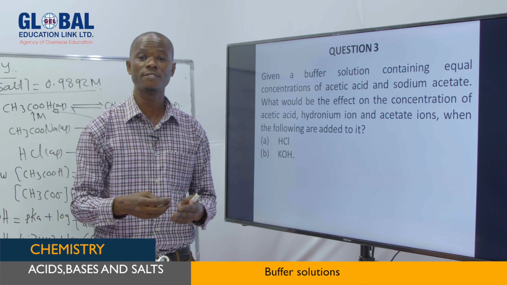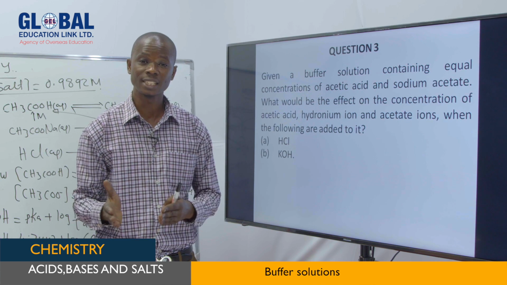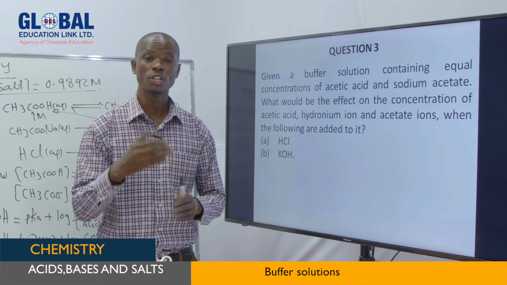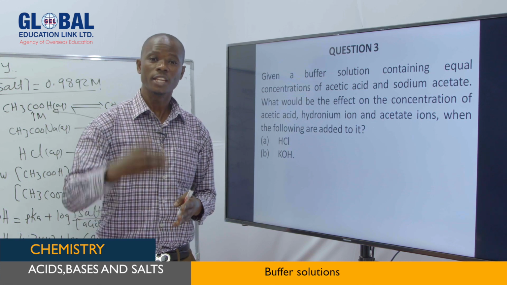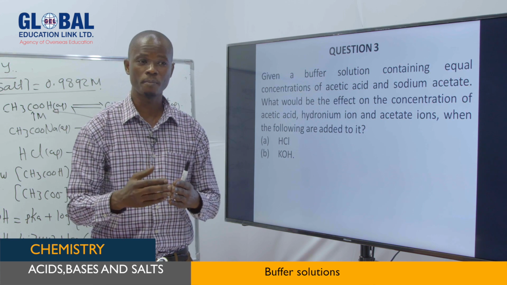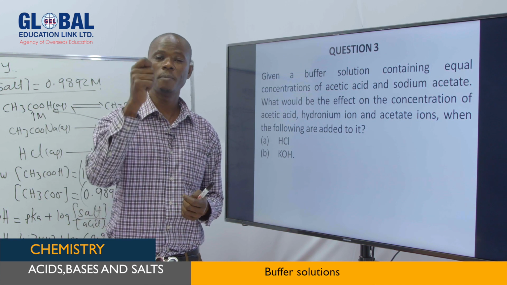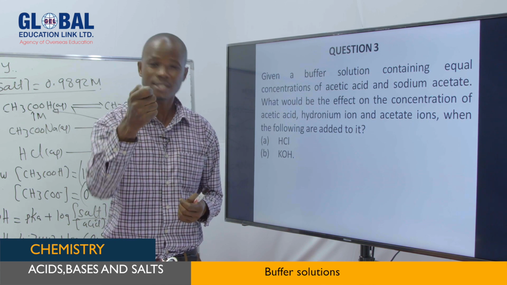It is also used in the brewery industry. For example, before fermentation, buffer solution is added in order to balance the pH, so as not to make the solution too acidic. It can be used in baby lotion. Why? Because the buffer solution in baby lotion has a pH of about 6.